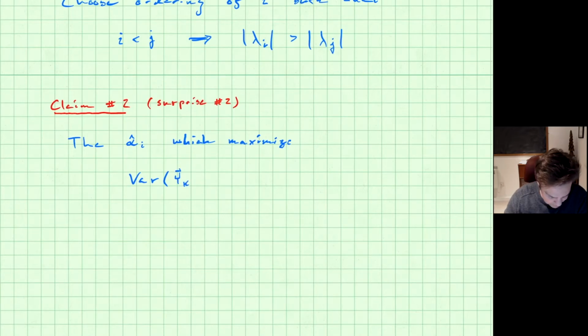Each of these are equal to, and the variances look like this, right? So this, we saw this. That was proof number 1, or claim number 1. And these should be hats, right? So the alphas that maximize this formula, it turns out, are the eigenvectors of the covariance matrix.